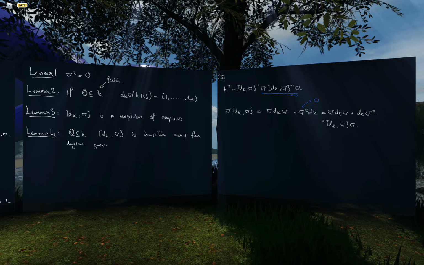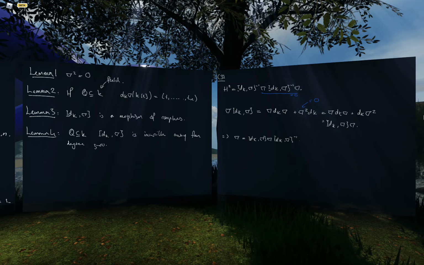And then we can rearrange this to get nabla is equal to dk nabla dk nabla inverse.